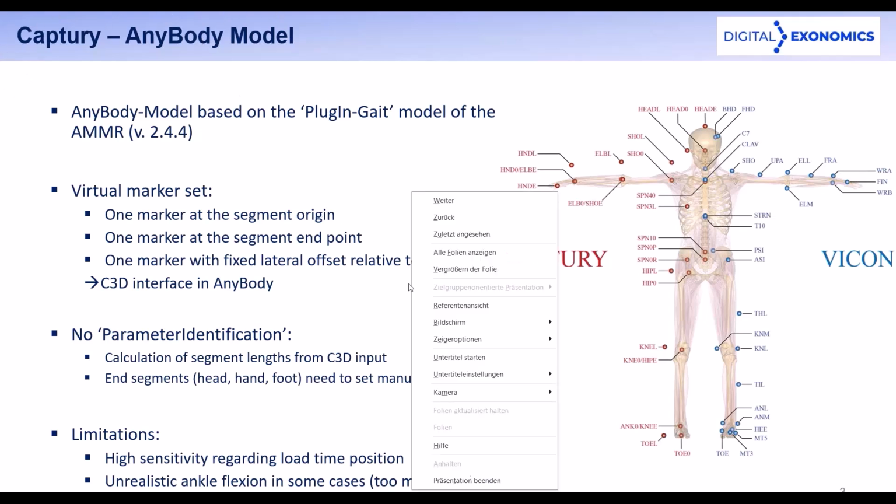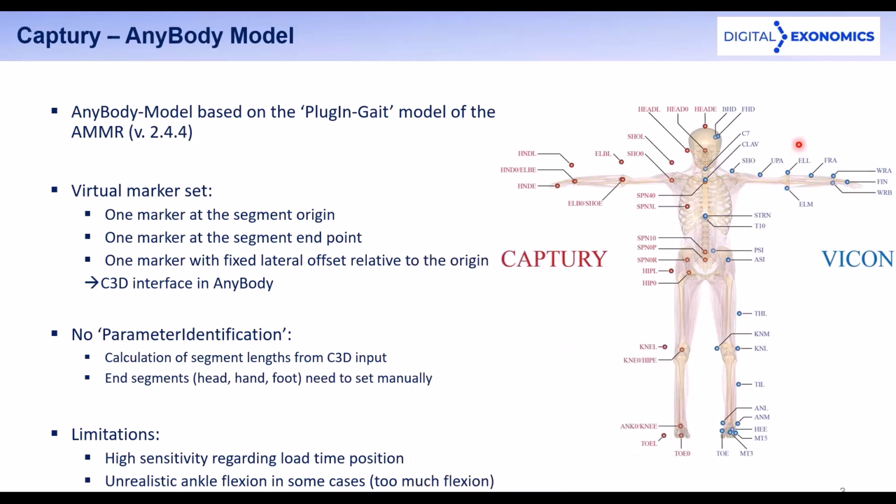What this means is that instead of real physical markers that you place on the subject when you do marker-based motion capture, we use virtual markers. These are created in the Captury software itself.